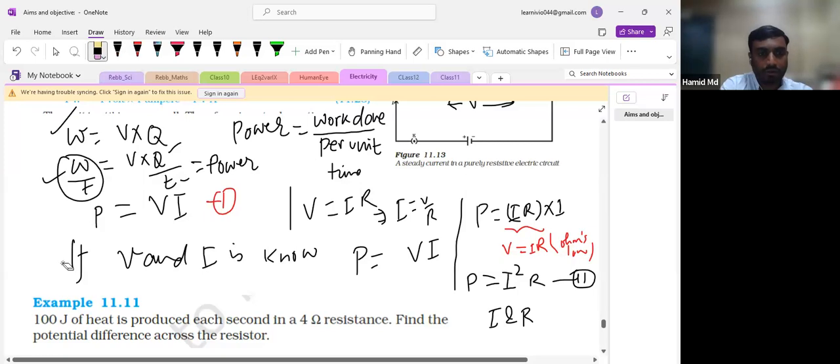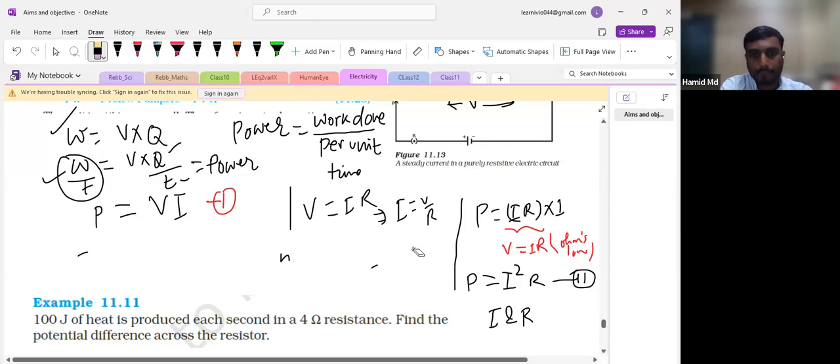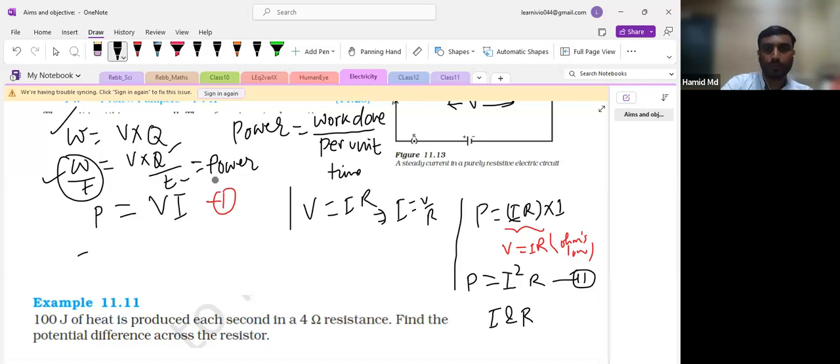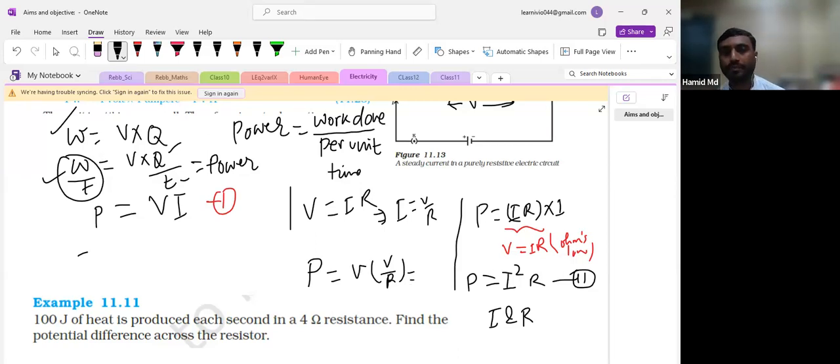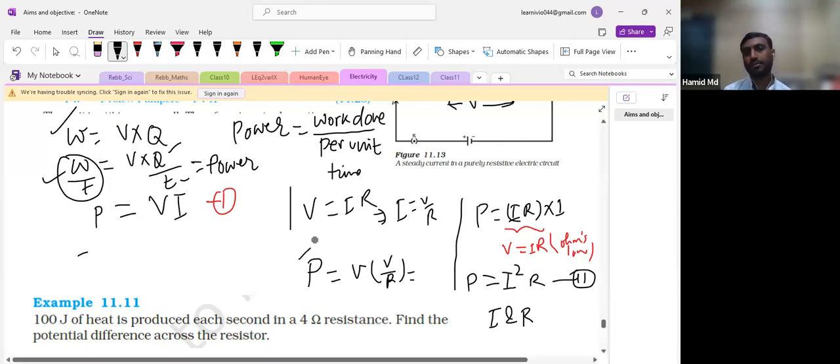I'm removing this equation. Now just keep P as it is, V as it is, and substitute I is equal to V over R. Solve these equations, and tell me what the final result is.